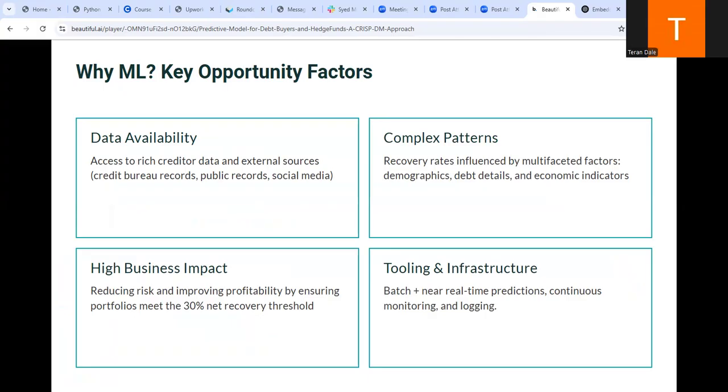Tooling infrastructure, as I said, batch and near real time predictions, that is a big giant plus. As I said near the beginning, a lot of the accounts do have certain scoring models. They're not as accurate, and use rule of thumb heuristics to evaluate the portfolios. So these are the four main key factors.